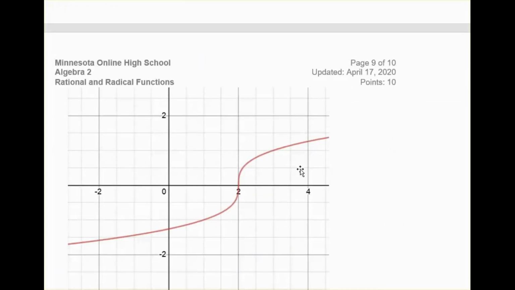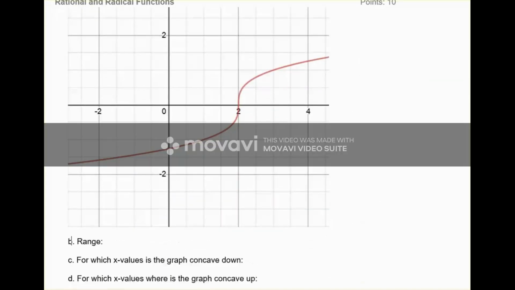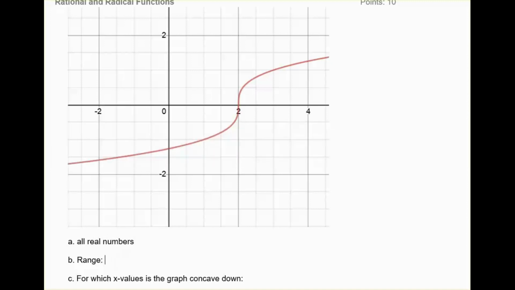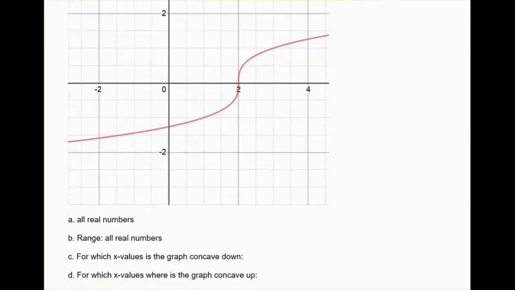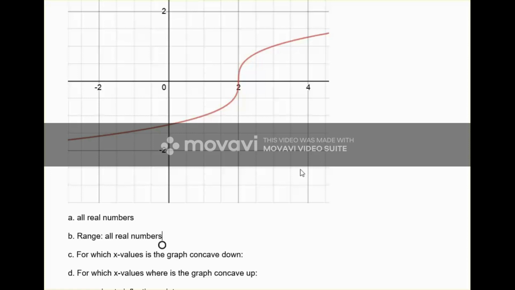That's okay. The domain of this would be all real numbers, and the range would also be all real numbers, because x can be anything and y will be anything given that x can be anything. Then it says for which x values is the graph concave down?